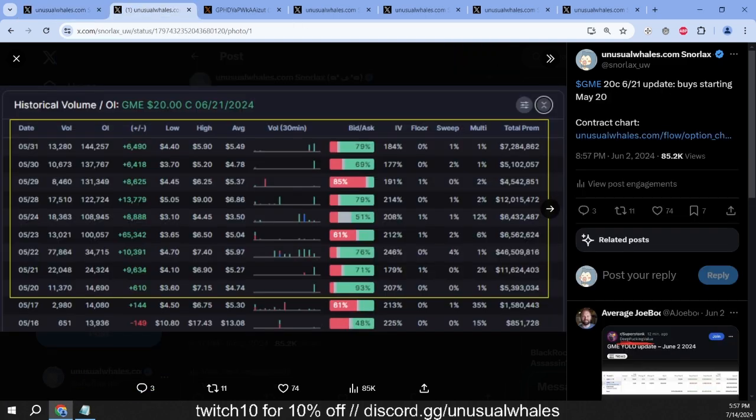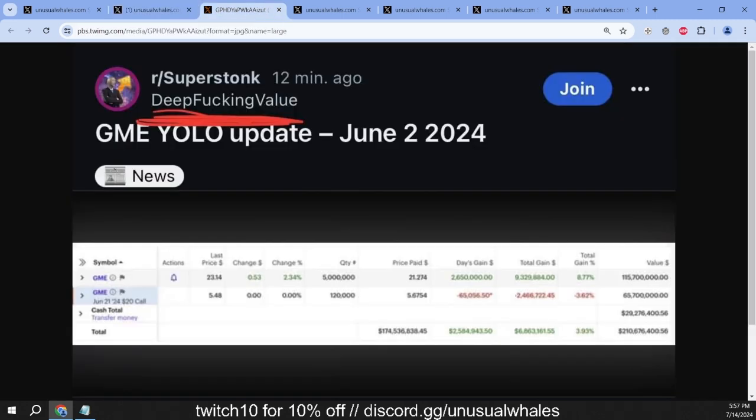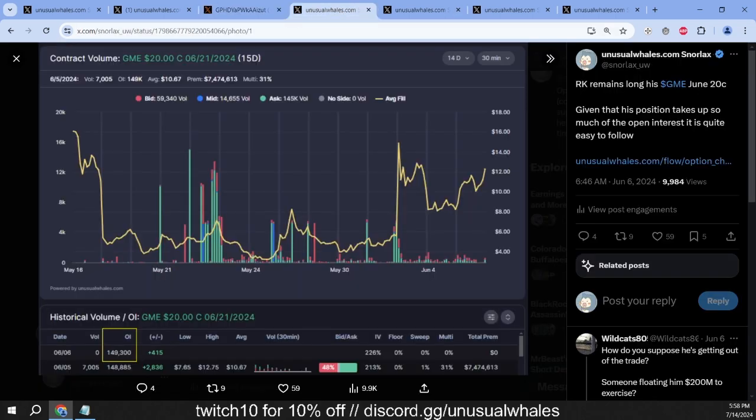Multiple days of repeated ask-side activity, followed by large increases in open interest. On June 2nd, with the open interest finishing the May 31st session at 144,000, he disclosed a 120,000 contract position. His position was so large that it was incredibly easy to track, which I did and provided live updates for.